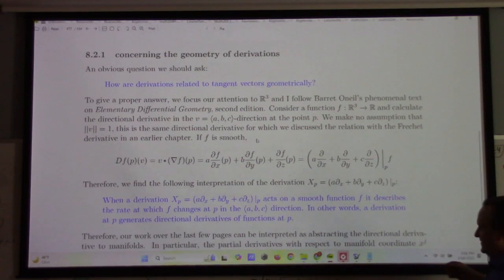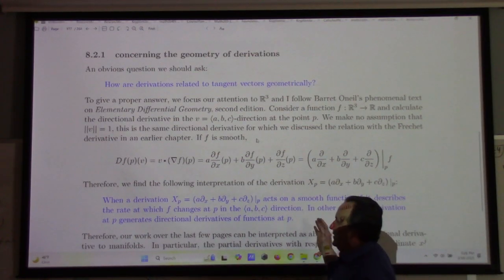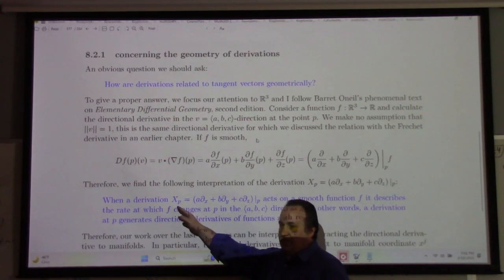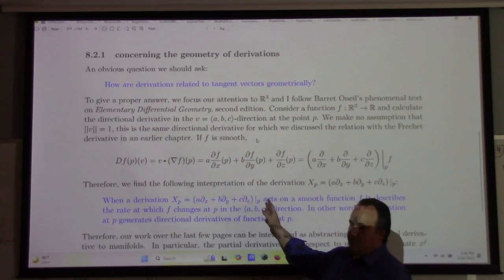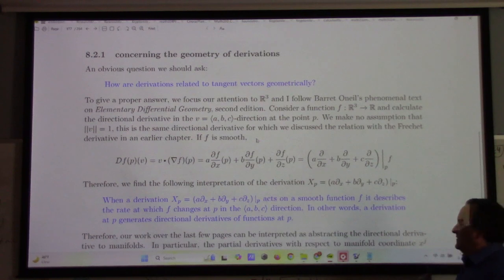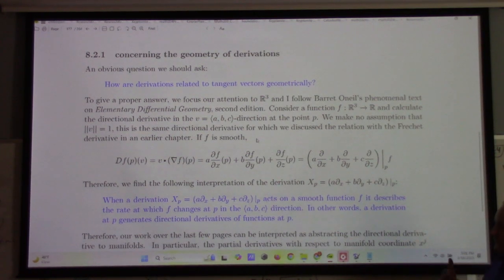Okay, so here's the deal. When a derivation X_p, namely a partial x, b partial y, c partial z at the point p, acts on a smooth function, what is it doing? It's describing the rate at which f changes in the (a, b, c) direction. In other words, a derivation at p generates directional derivatives of functions at p. So this is what the partial derivative on the manifold is doing: calculating directional derivatives.